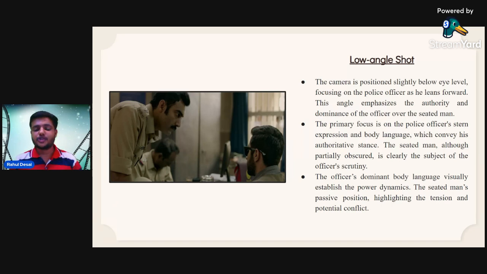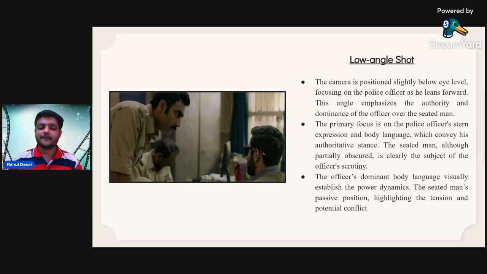This position of the police officer also explores the power dynamics and overpowering of the situation. He tries to control the situation. It establishes the power dynamic, with the seated man's passive position highlighting the tension and potential conflict.